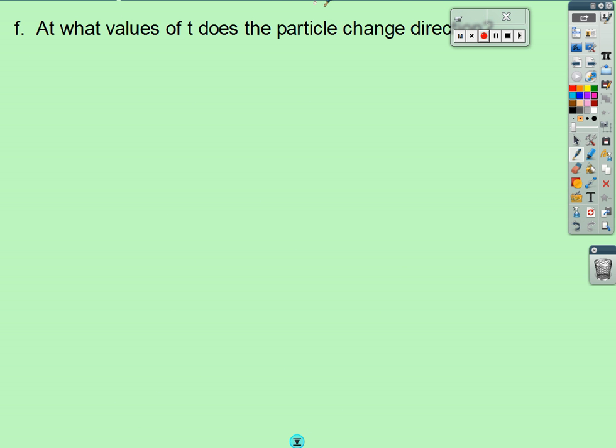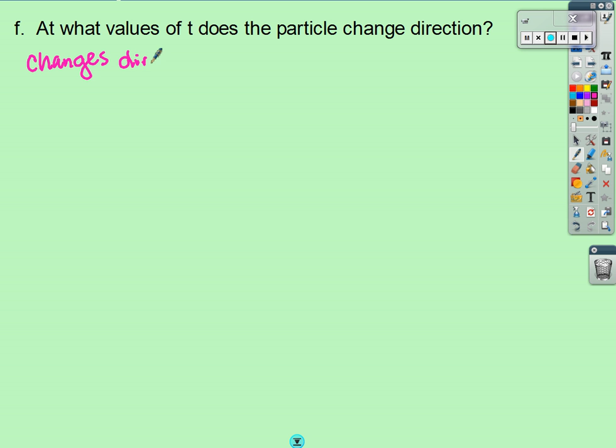At what value of t does the particle change direction? An object changes direction when the velocity changes sign.